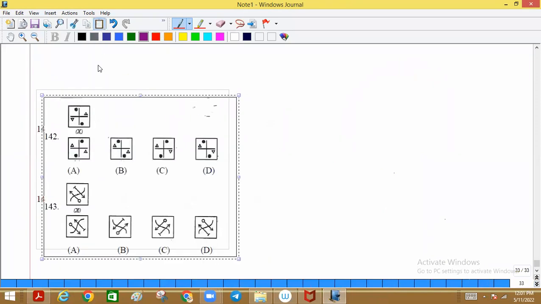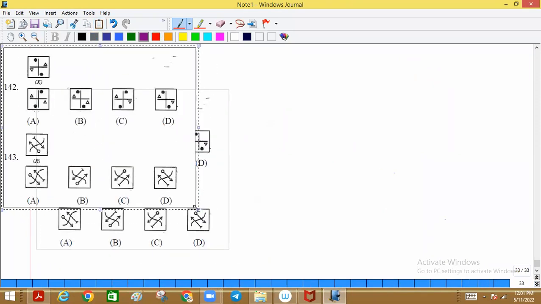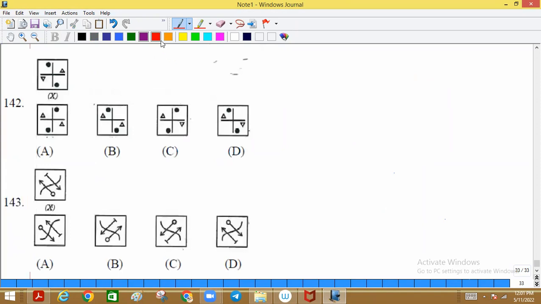Next. 142. B. A. This triangle and this triangle are opposite, no?